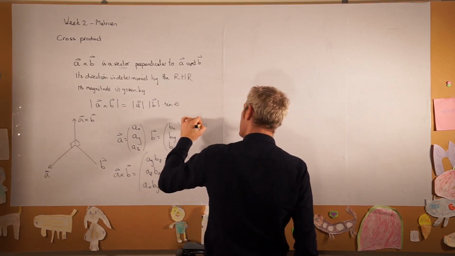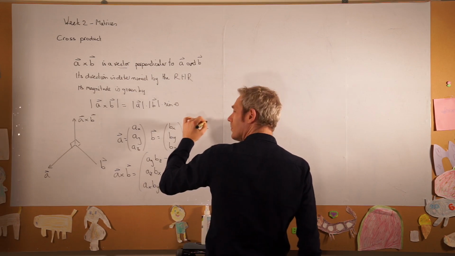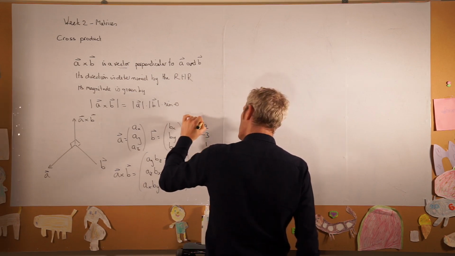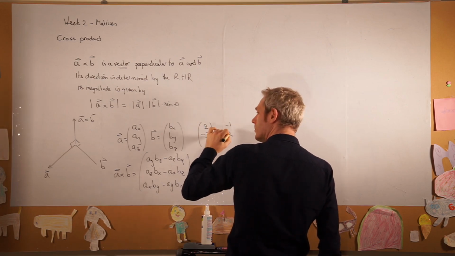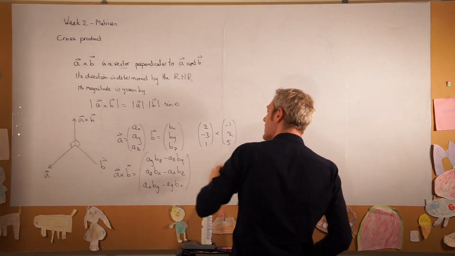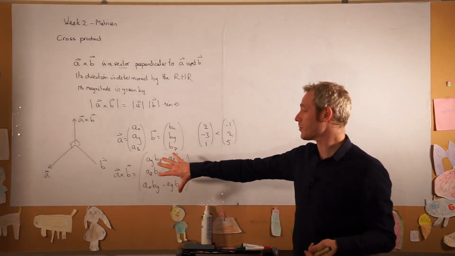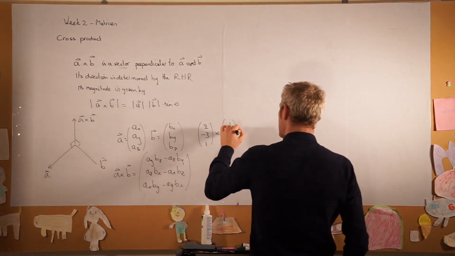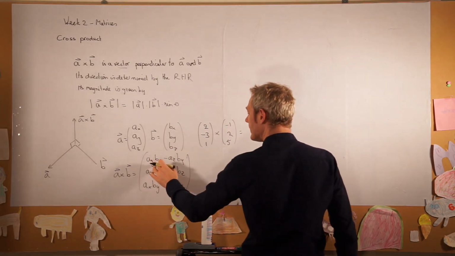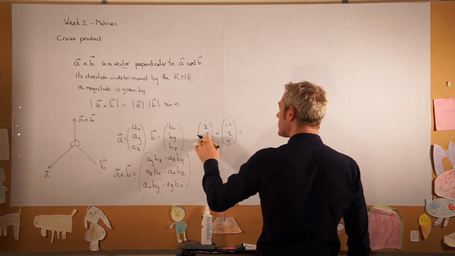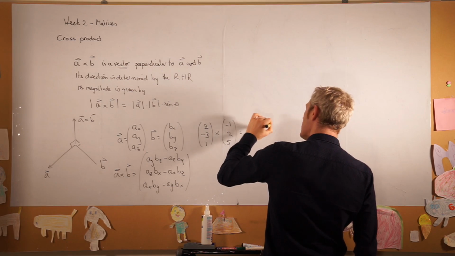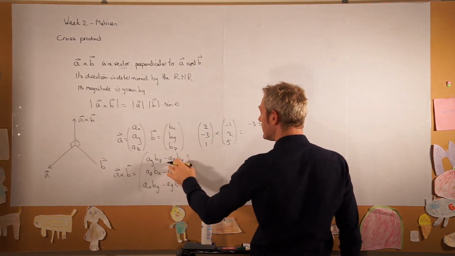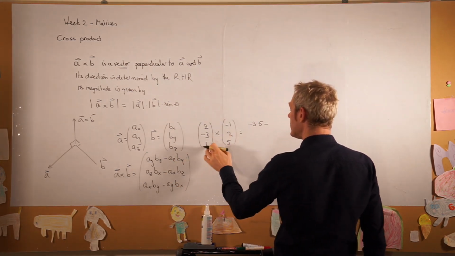I'll give an example. Let's say we have (2, -3, 1), and we have (-1, 2, 5), and we calculate the cross product using this form here. Then we get ay times bz, so -3 times 5, minus az times by, that is 1 times 2.